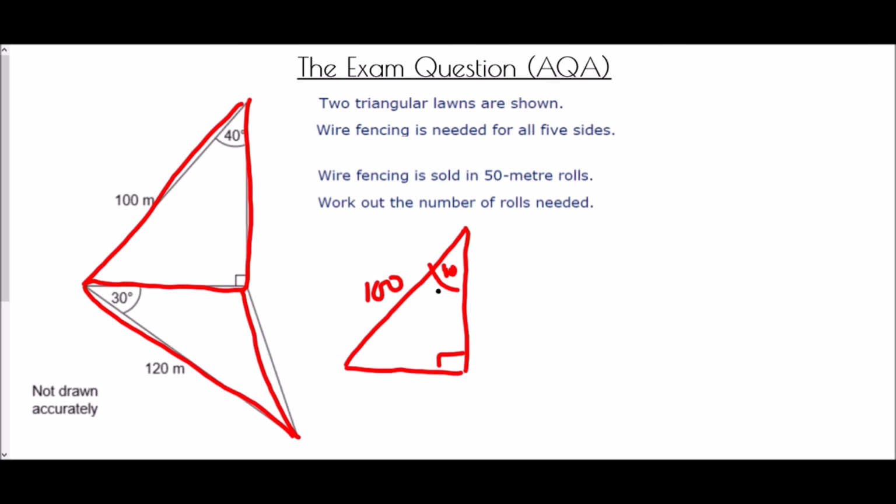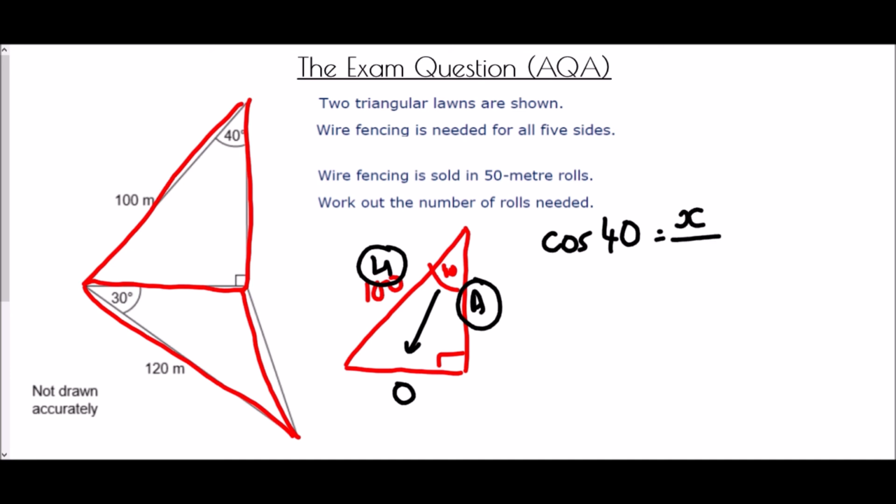So there's our opposite, there's our hypotenuse, there's our adjacent. And so in this case I want to find the adjacent and I know the hypotenuse, so I'm going to use cos to start with. So cos 40 equals adjacent over hypotenuse, so x over 100. And so this length must be 100 cos 40.